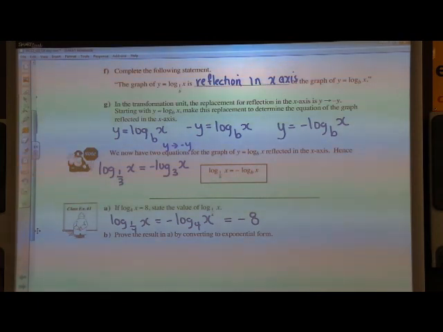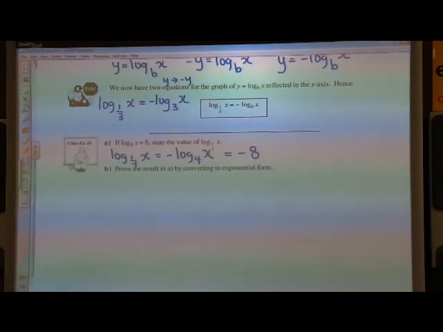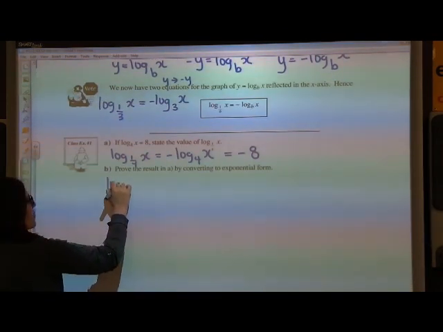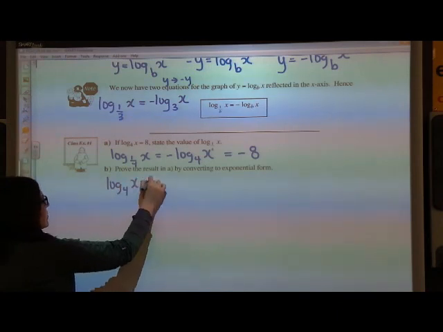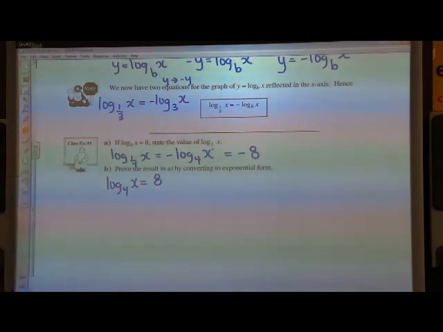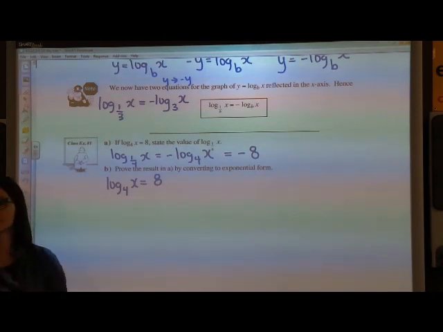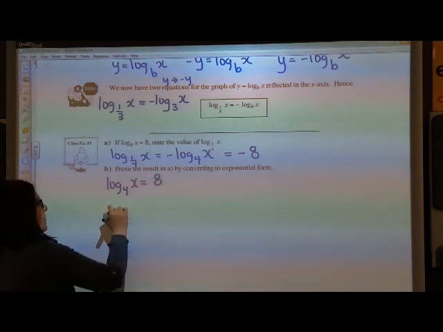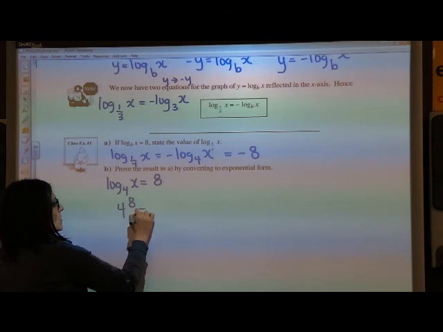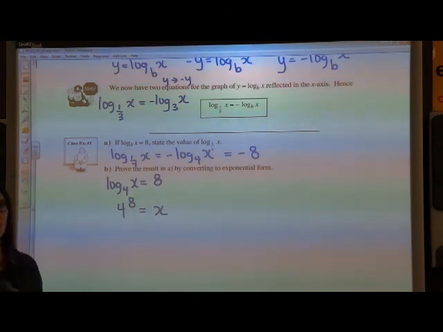It says prove the result in A by converting to exponential form. So if I have log base 4 of x equals 8, how would I write that as an exponent? Four to the power of 8 equals x.